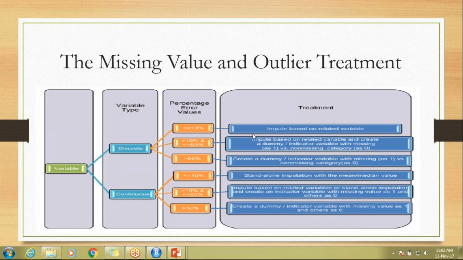So here we have impute on the basis of related variables. For example, discrete would be... no, sorry, gender would be categorical. For discrete, let's say something like my age.